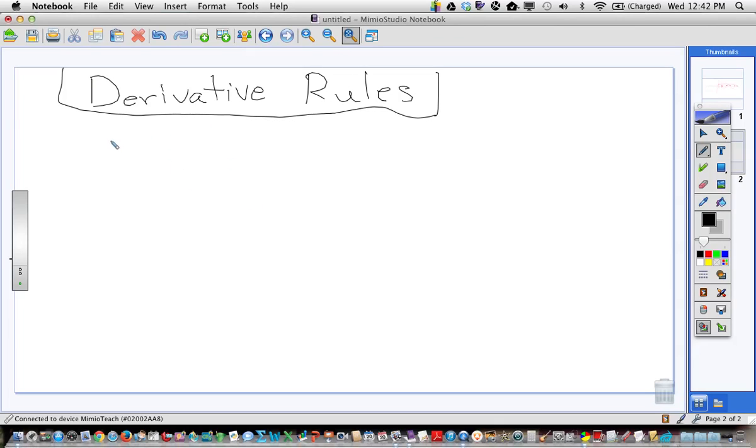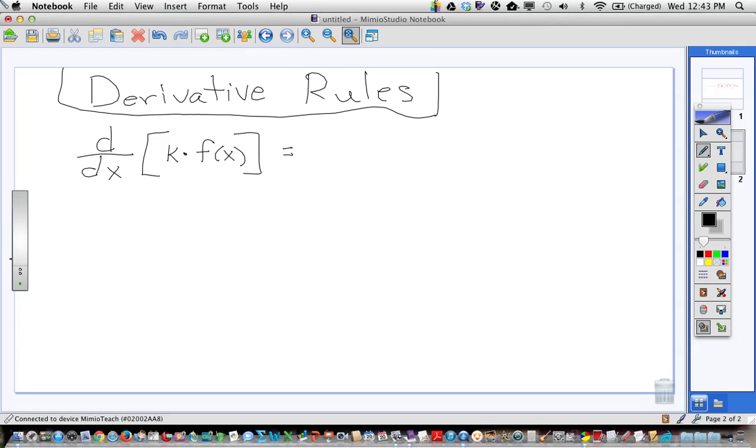All right, so probably the first one I'd want to write down here would be some of them that we talked about with shifting and stretching and so forth. So one that is a very useful one is that if I'm going to take, now remember this notation here just means the derivative with respect to x.